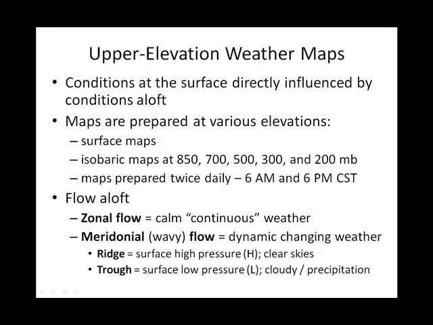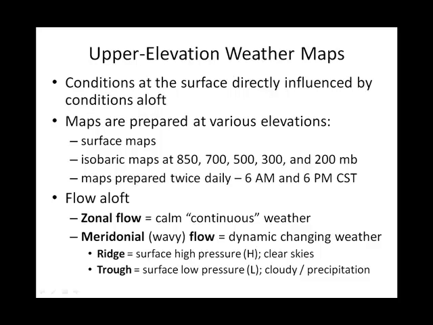To find an altitude at which the atmospheric pressure is 200 millibars, we would have to go up, right? So the 200 millibar isobaric map is an upper elevation, whereas the 850 millibar isobaric map is our lowest level, closest to the Earth's surface.